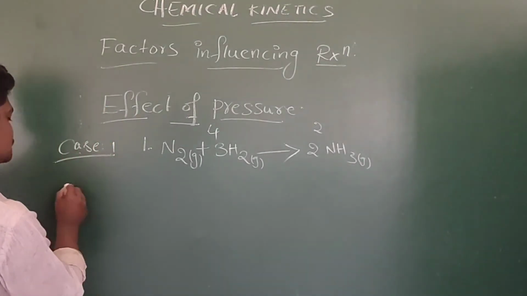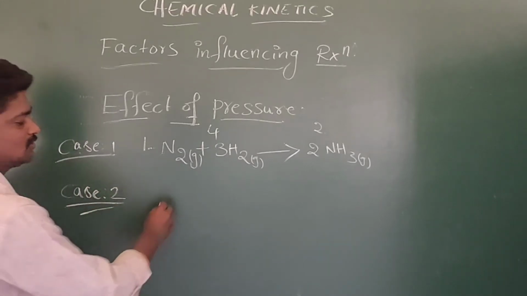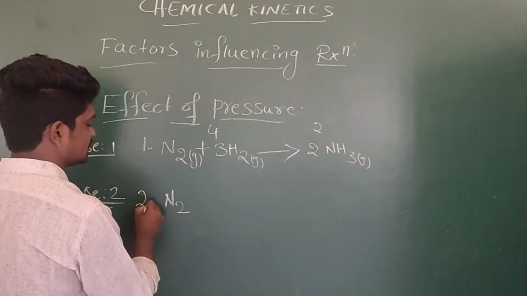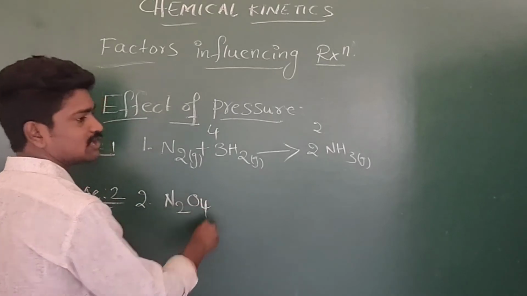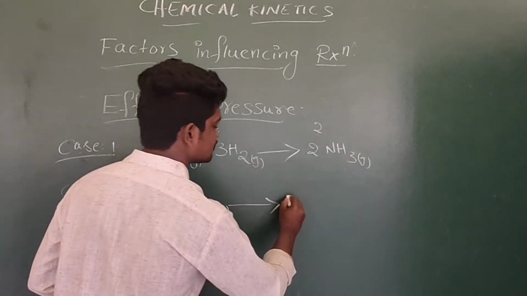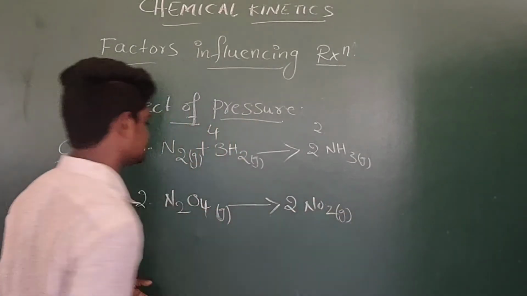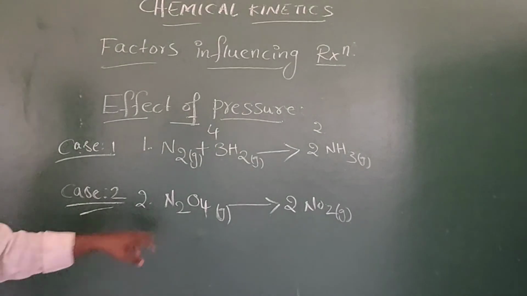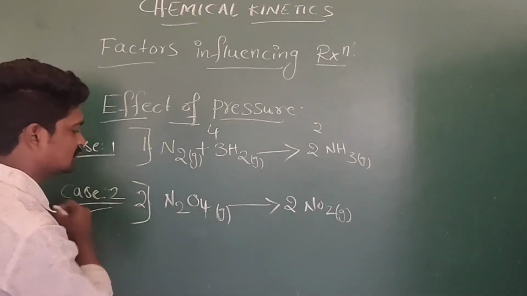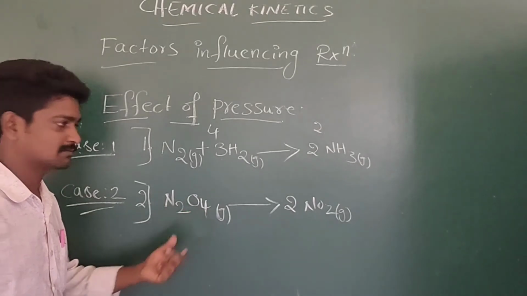In case 2, second example. N2O4, this is also a gas, gives rise to 2NO2. Here you can see that N2O4 is one molecule.